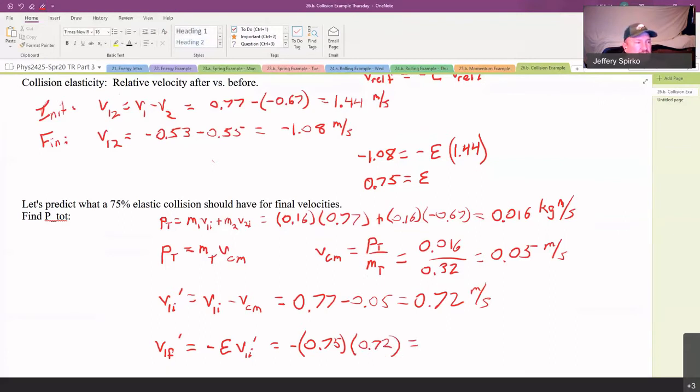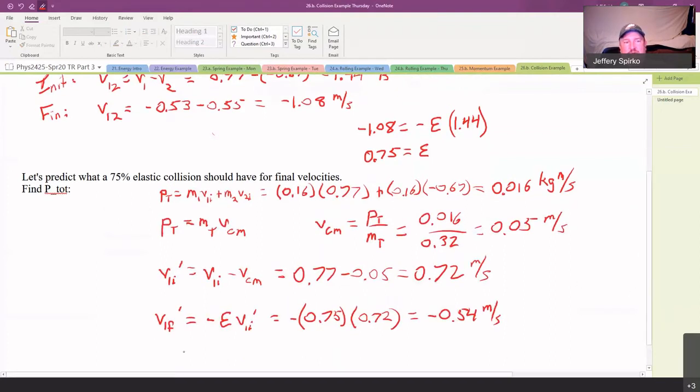So then that number is minus elasticity times the initial, which is minus 0.54 meters per second.